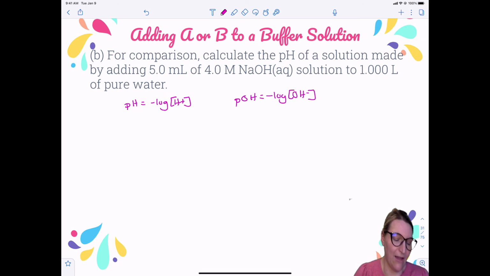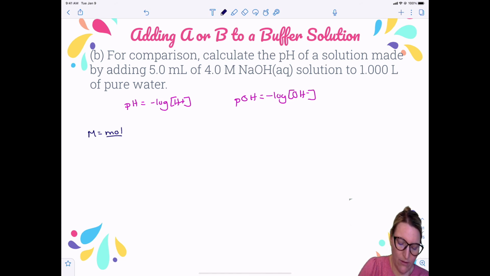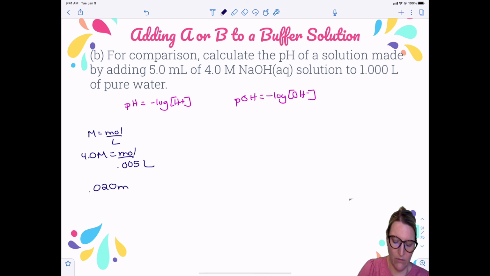If I add this 5 milliliters of base to water, what will be the new concentration of the OH minus? Well, there's many different ways to calculate this, but if molarity equals moles over liters, right, 4.0 molarity equals moles over 0.005 liters. That means we got the same answer as last time, 0.020 moles of OH minus.